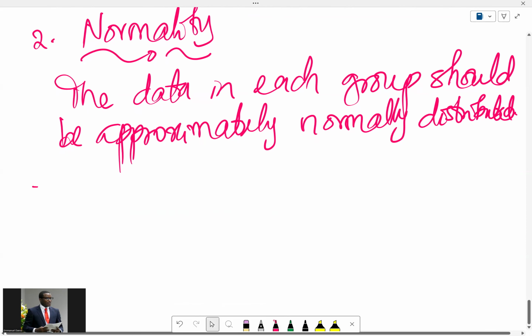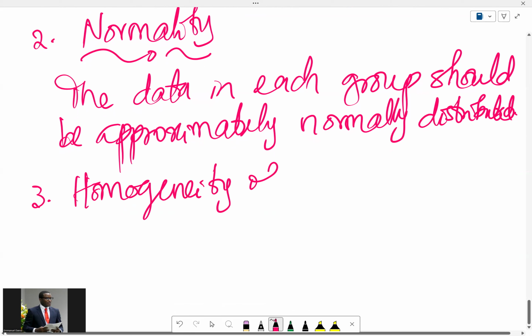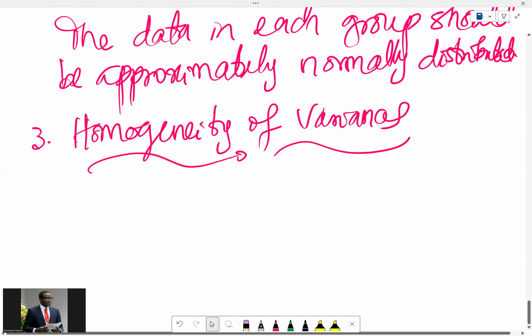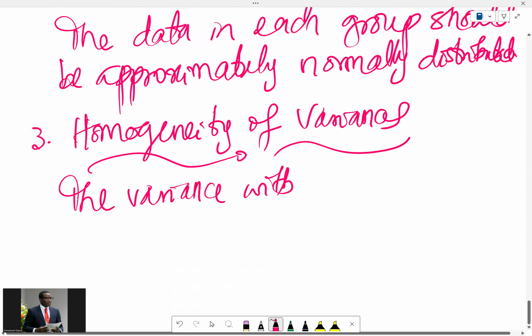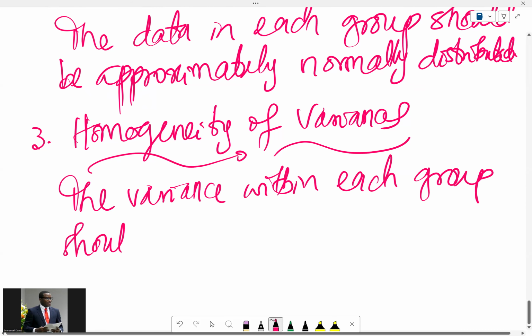Then we have homogeneity of variances. The variance within each group should be roughly equal.